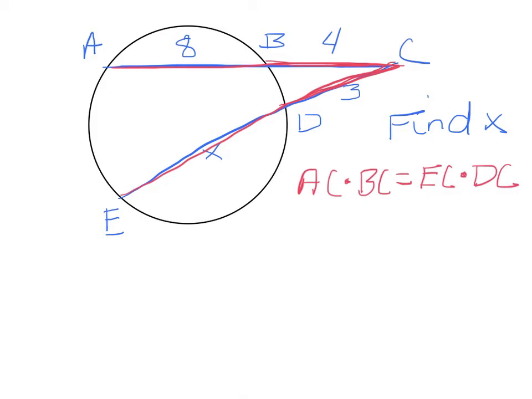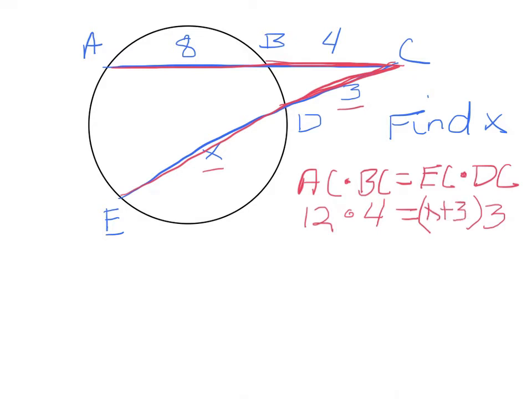Now that I have set that up, and this is what you want to do all the time, I can fill in things. What is AC equal to? It's equal to 8 plus 4, so that's 12. What's BC equal to? That's right, it's 4. What's DC equal to? That's 3, and now we come to the tricky part. What's EC? As you can see, it has two pieces, and we have to add them together, so we write x plus 3.